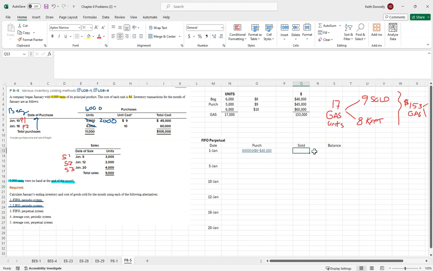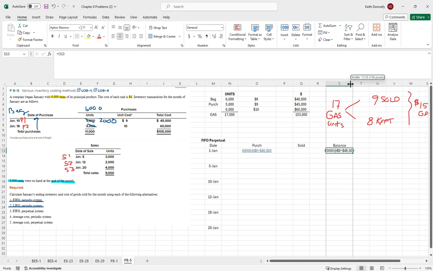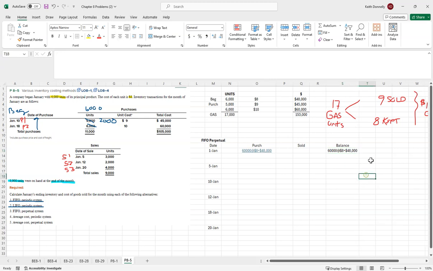So if we keep track of it, right, 6,000 at $8, our balance will be exactly that, right? 6,000 at 8, and that's going to be 48,000, right? So we'll do it unitary and then total over there. All right, that's great. That's where we started. January 5th, what's going on here? We look at the facts. Oh, there's January 5th. Chronologically, that's next. We sold, let's see here.